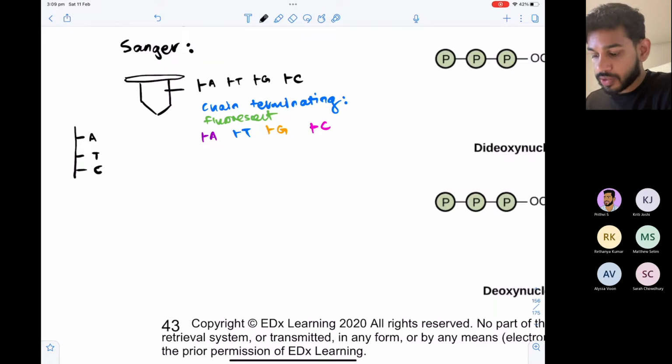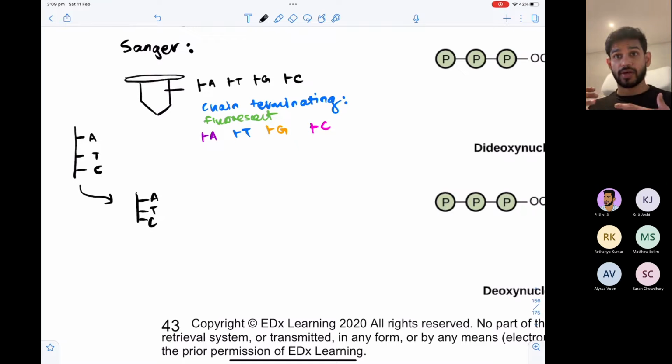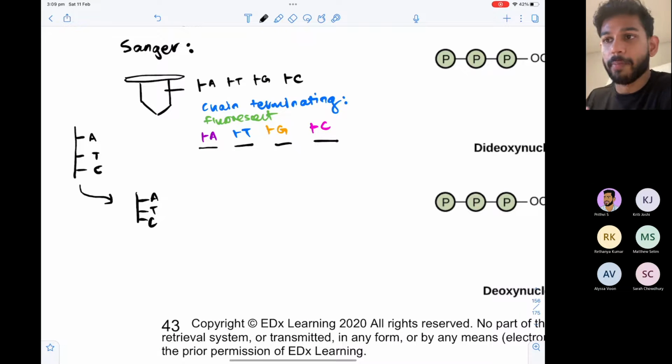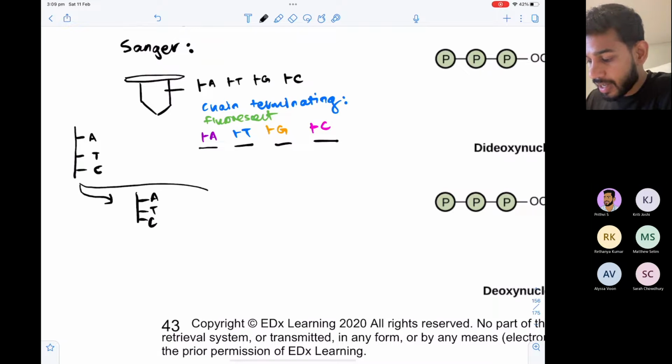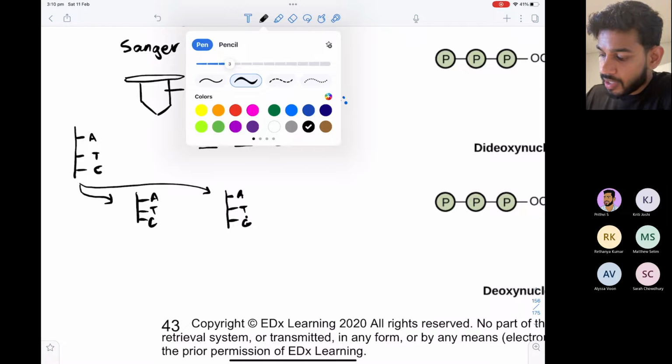Okay? So what's going to happen is when this DNA replicates, we're going to make normal replicates of this DNA. So we're going to make more sequences of A, T, and C. But just because we have these fluorescent chain-terminating nucleotides, by chance, what can happen is when replicating the DNA again, when you have an A, T, and C, instead of a normal, so what binds to an A?